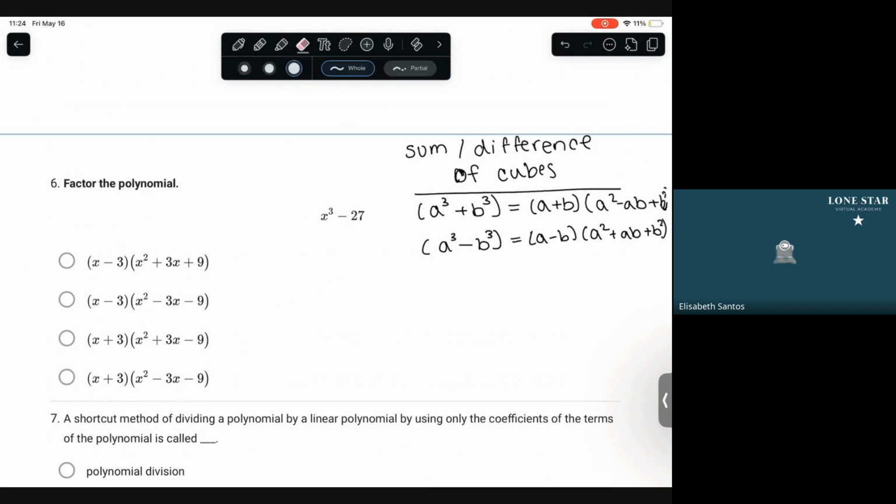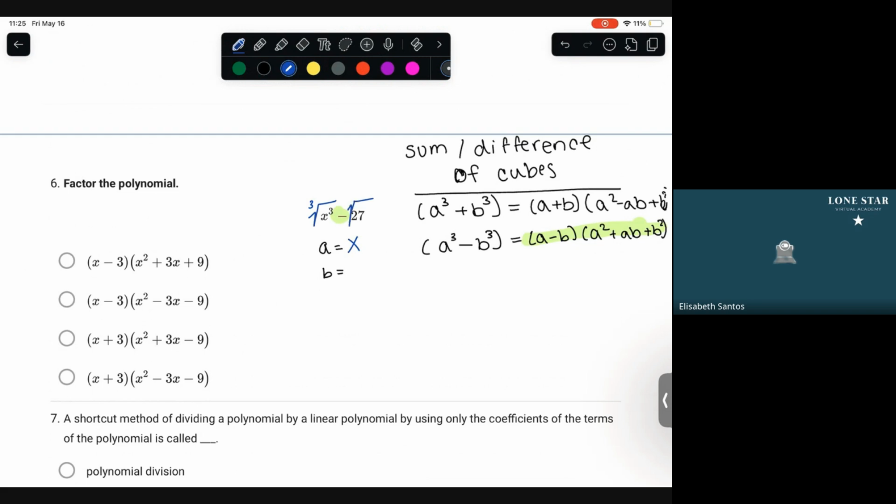And we look here, we have a difference of cubes. So we're going to be using this. So first we need to find what a is going to equal and what b is. Okay, and since these are cubes, what we're going to do, we're going to take the cube root. So cube root of x cubed is x, so that's our a.